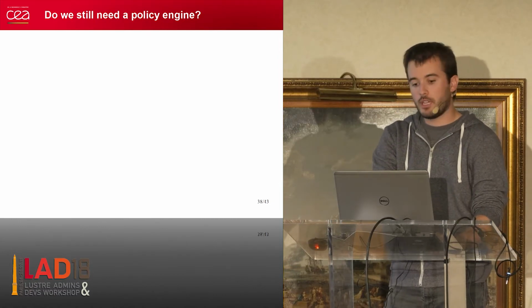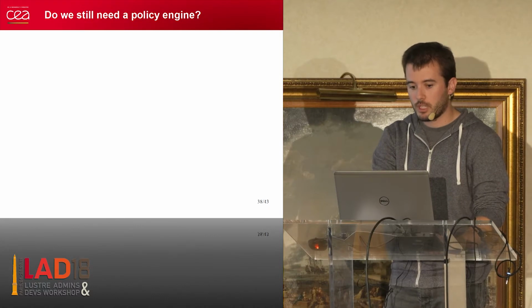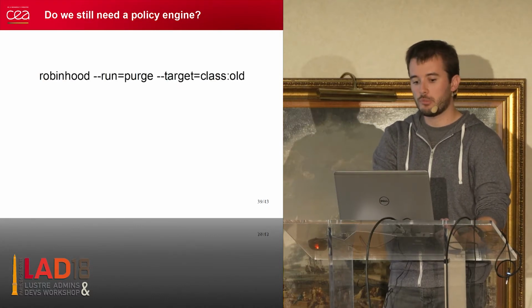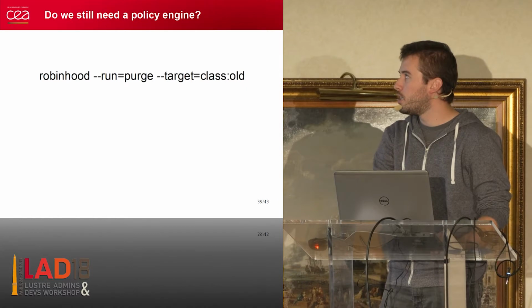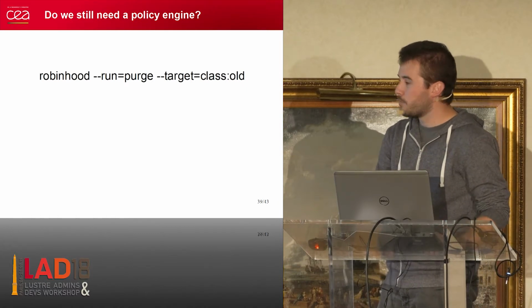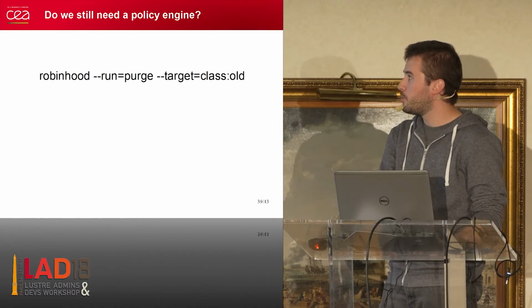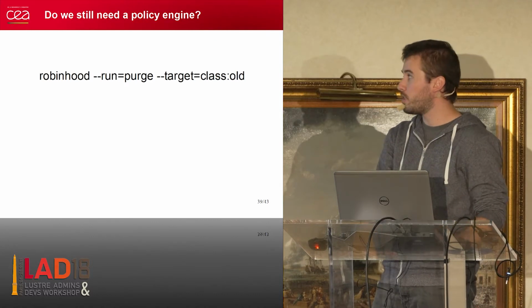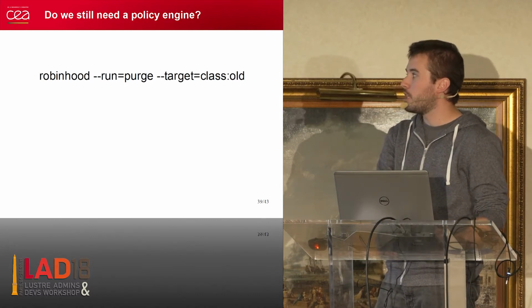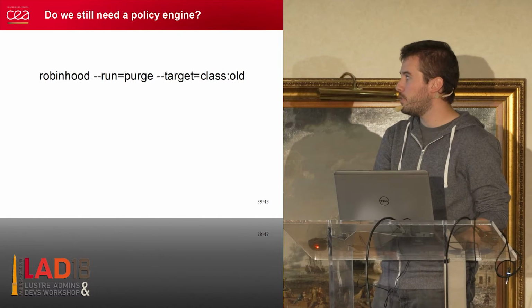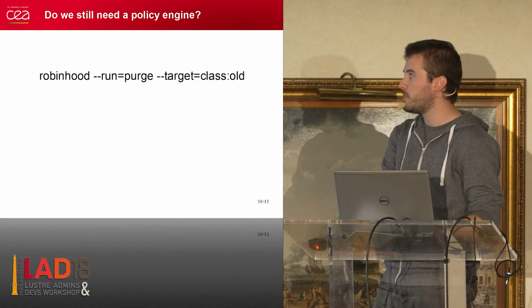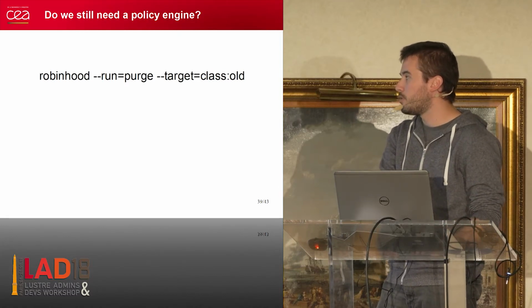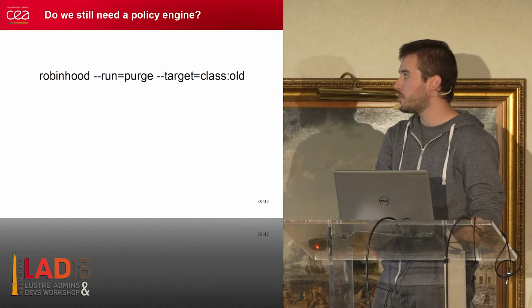And if I actually get that, we can start to wonder which part of the policy engine we already have from that. So for example, this is how in Robinhood you delete all the old files that you have on your file system. You actually have to write a bit of configuration for this. You have to specify what the purge policy is and what the file class old means.